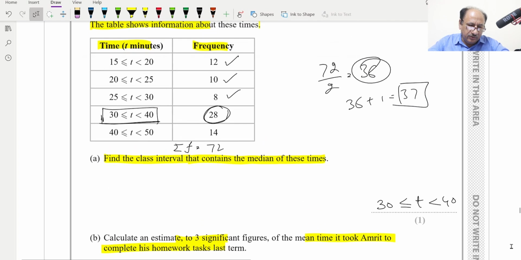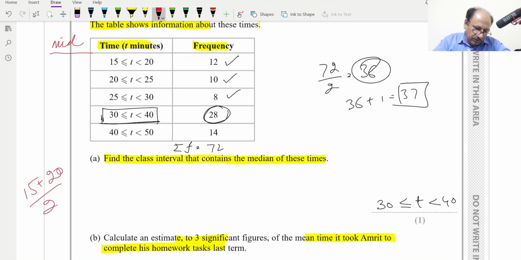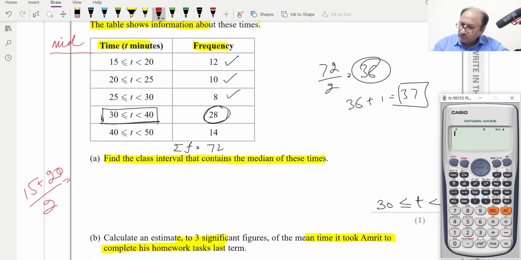For the mean value, we have to add the mid range. So I will write here mid range. For 15, how are we calculating the midpoint? 15 plus 20 divided by 2, and this will be equal to 17.5.